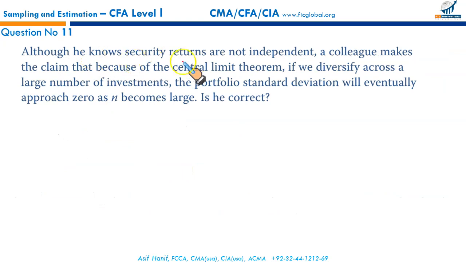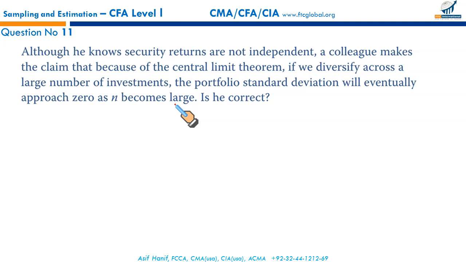Although he knows security returns are not independent, a colleague makes the claim that because of the central limit theorem, if we diversify across a large number of investments, the portfolio standard deviation will eventually approach 0 as n becomes large. Is it correct? No. First, the conclusion on the limit of 0 is wrong.